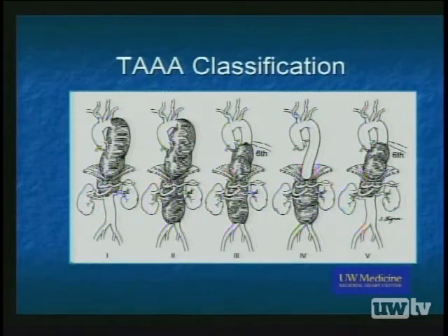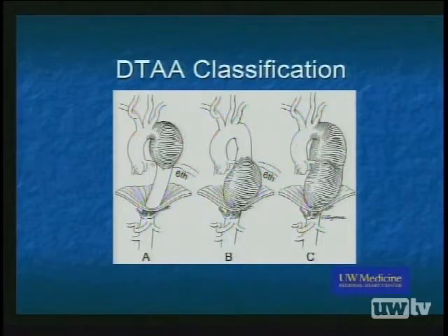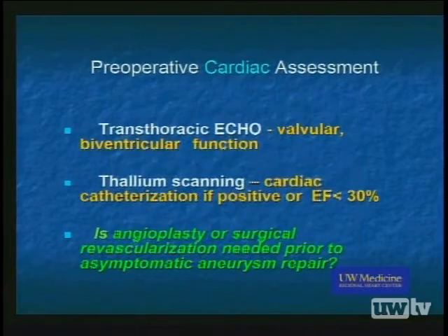And Extent 5 was recently added to the classification scheme and is essentially a mid-portion thoracoabdominal aneurysm. Descending thoracic aortic aneurysms are also separately classified as types A, B, and C, with a proximal, distal, and complete thoracic aneurysm classified as A, B, and C respectively.